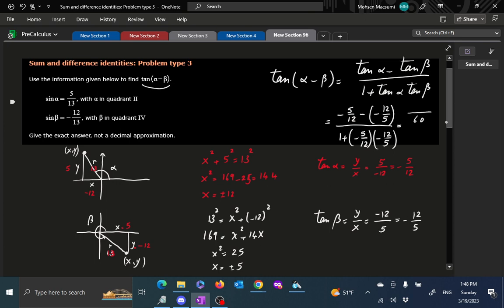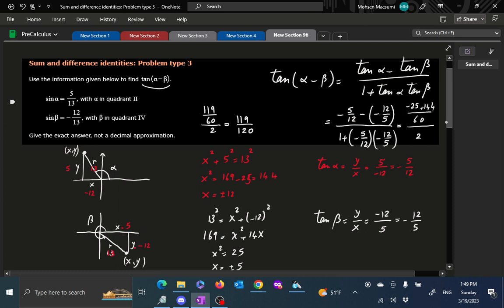That's going to be 60, and the first one is going to be minus 25, and the second one is going to be 144. In the denominator, these two fractions cancel each other out. We have 1 and 1 is going to be 2. If you don't mind me continuing here, I'll have 119 over 60 over 2, and I get 119 over 120.